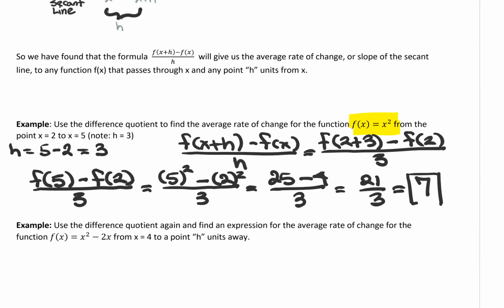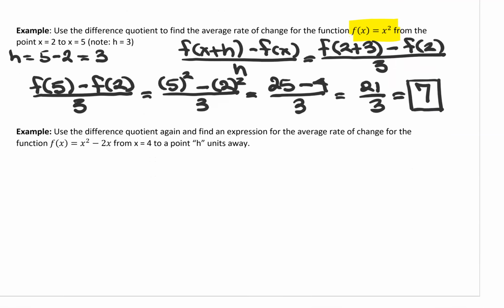So our average rate of change, or our slope, from x is 2 to x is 5 on the function x squared is 7. And you could verify that graphically. You could take a look at the graph of x squared and you would see that from the point 2 to 5 you have a very steep line, and the slope of that line is 7.